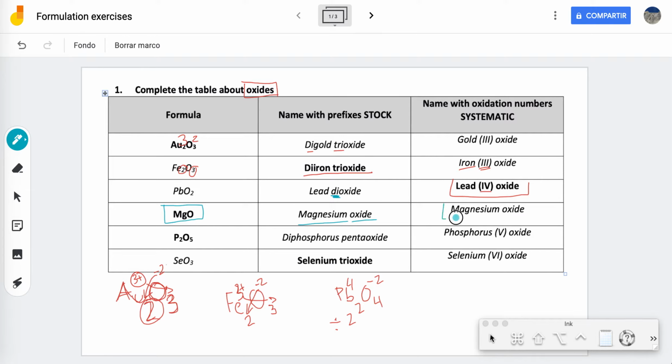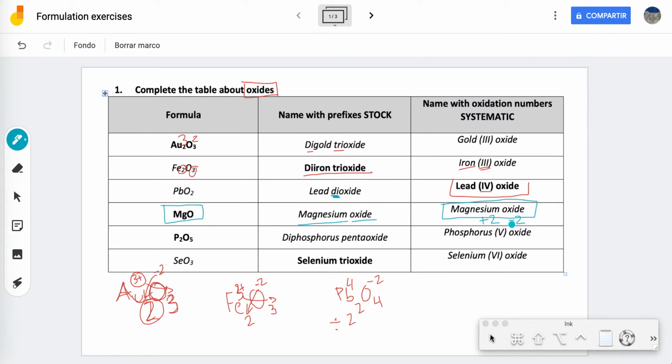Here, the same number, same name as the stock: magnesium oxide, magnesium oxide. Why don't we use any Roman name? Because magnesium can only have one oxidation number, which is exactly +2, and oxide is -2.